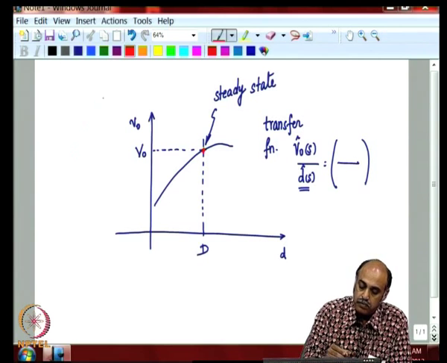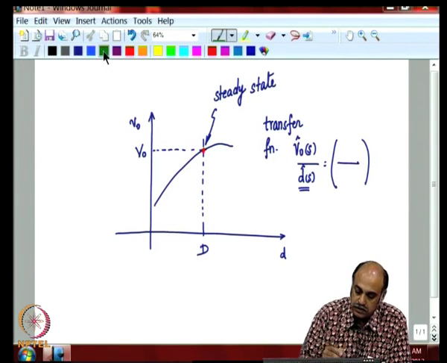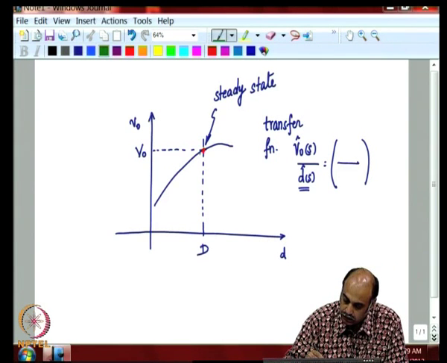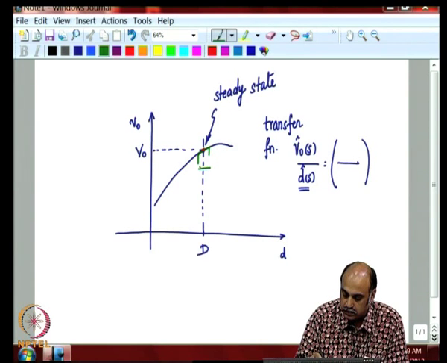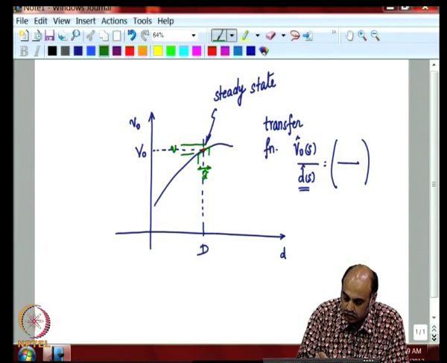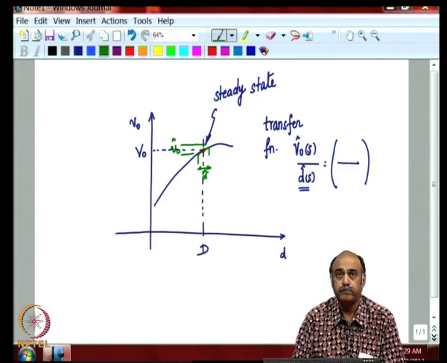So, in the neighborhood of this steady state operating point, you have small deviations, which is your D hat and V naught hat.